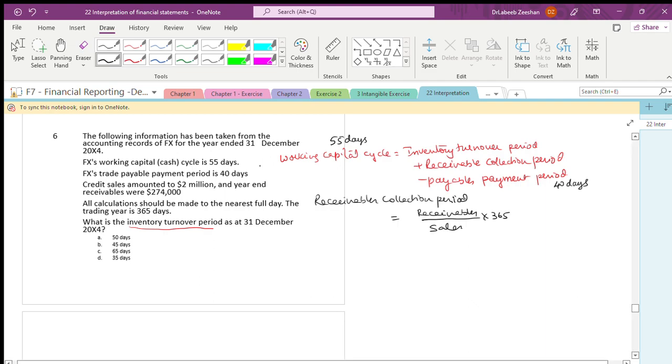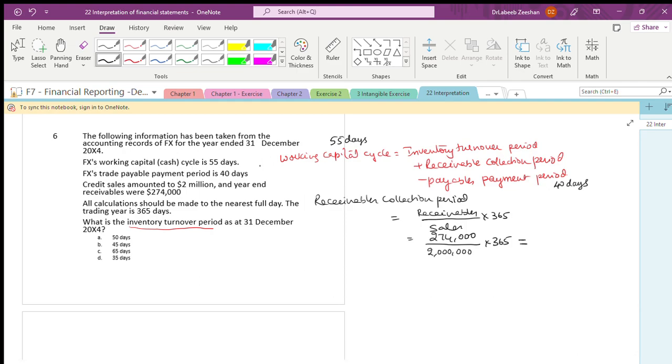Receivables are 274, and sales are 2 million. 274 divided by 2 million into 365, how much will you get? 50 days.